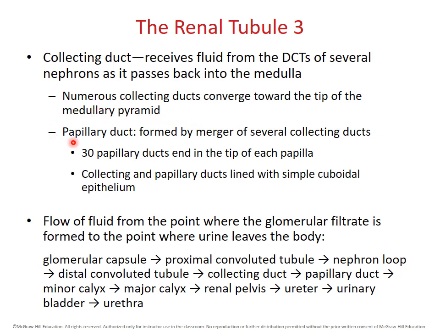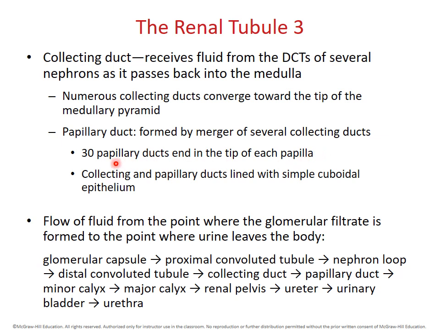A papillary duct is a duct-like structure at the very tip or apex of the medullary pyramid, and it's formed, as you can see here, by several collecting ducts fusing together to form a larger papillary duct. You have about 30 of these papillary ducts that end in the tip of the pyramid as little openings or pores that again are going to leak out urine.